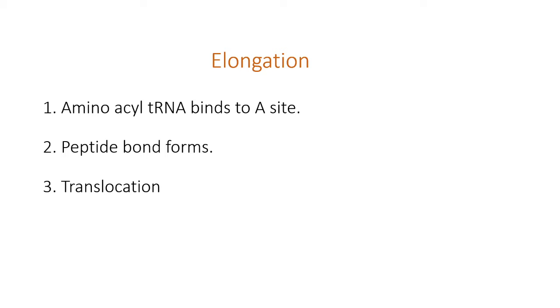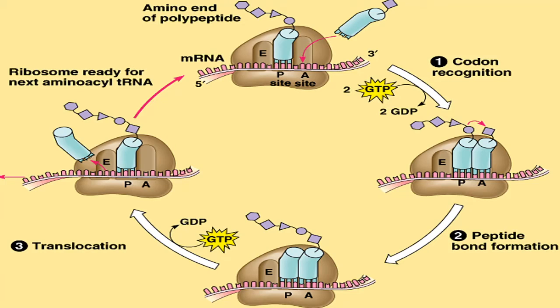Number 1, eEF1 alpha, that is eukaryotic elongation factor 1 alpha, complexes with GTP and the proper aminoacyl tRNA. The tRNA then enters the empty A site.